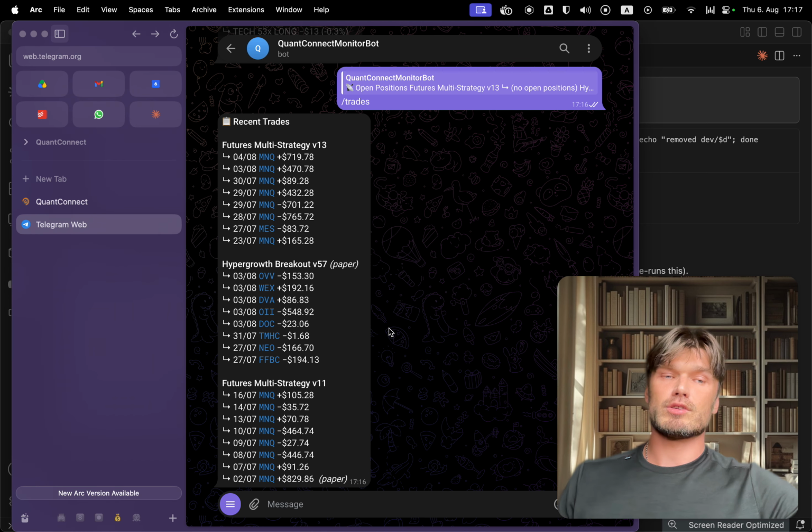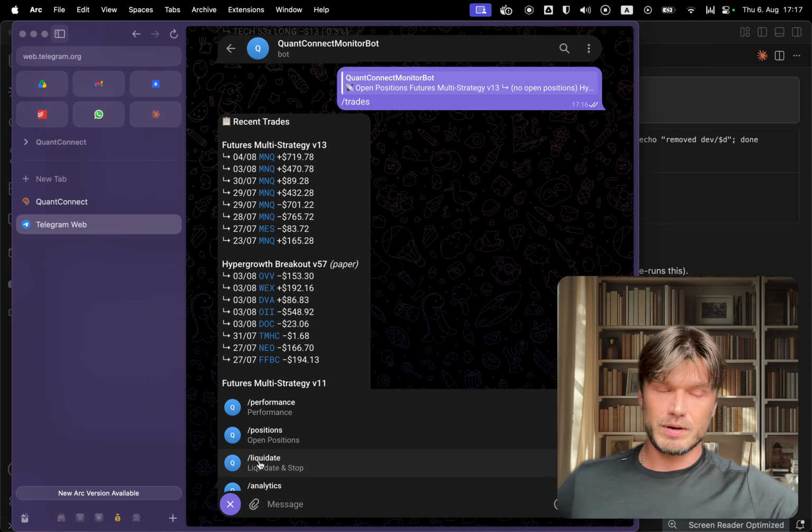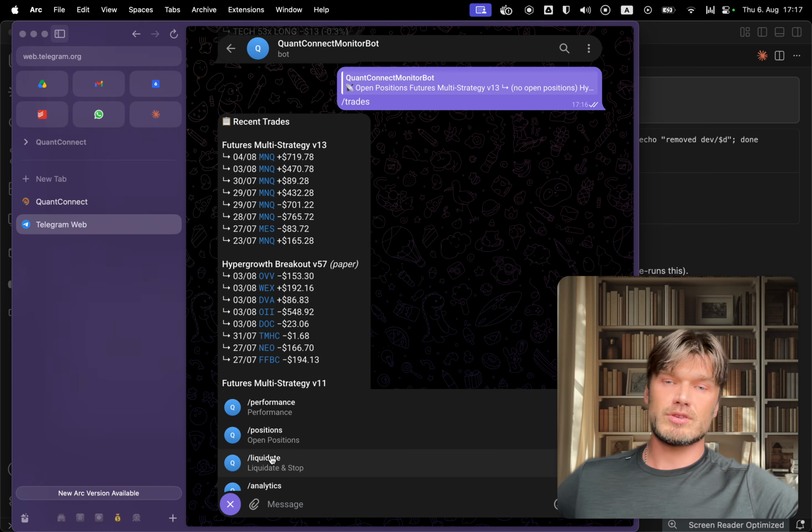But the most important things I have in here are liquidate and stop. This is the red button for me if I see something going very wrong on the strategy. At any second, I can terminate it, liquidate all the positions with market orders, and stop the automated trading strategy.